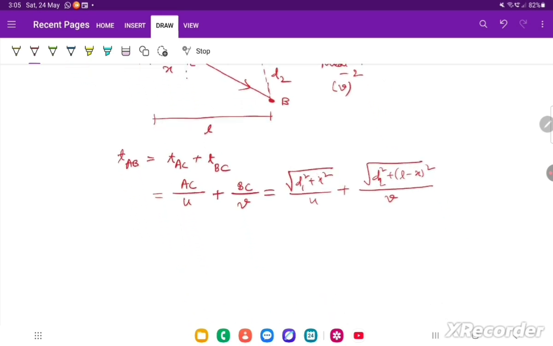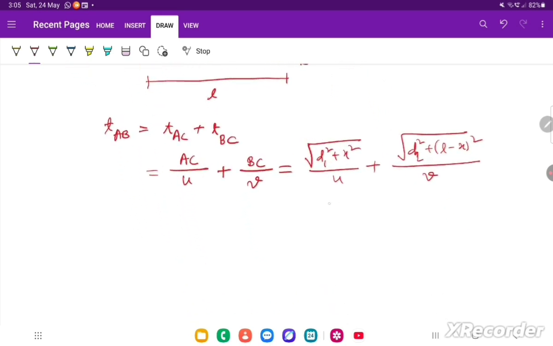upon v. And I am trying to minimize this function, the time from A to B. As you can notice, the variable is only x; u and v are constant, d1 and d2 are also constant, as A and B are two given points. So let's differentiate with respect to x, as we do for maxima and minima problems.